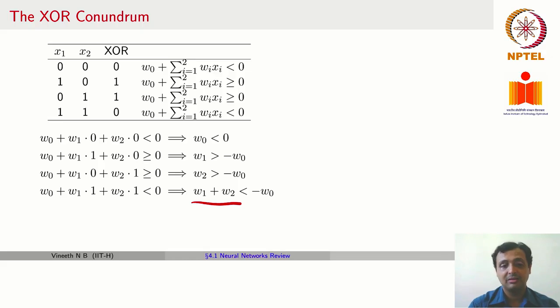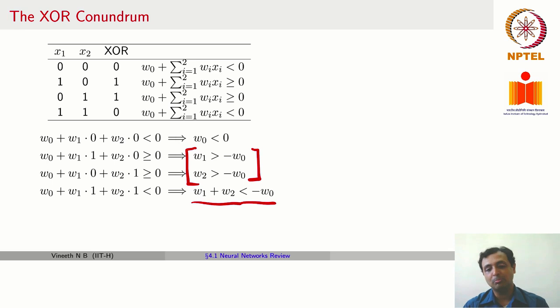It's quite clear here that because W1 and W2 will be positive, W1 plus W2 cannot be less than minus W0, because we know that individually each of them is greater than minus W0. W0 by itself is a negative number, so minus W0 will be a positive number.